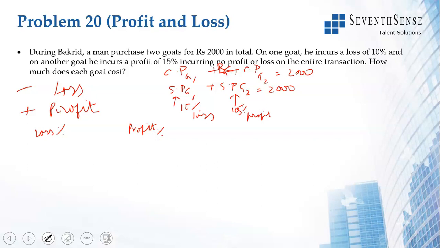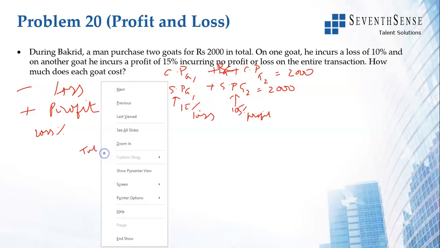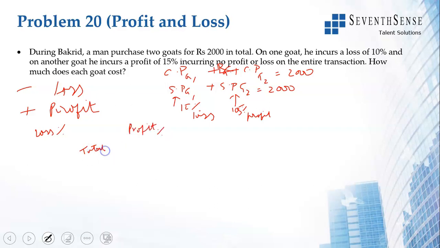If both are profits, you write plus on both sides. The total loss or profit will give you the ratio of the prices: the price of the one that is sold at a loss, and the price of the one sold at a profit, and you can take that ratio.